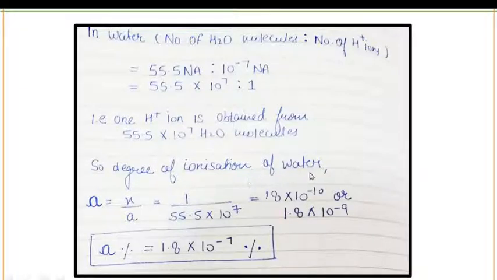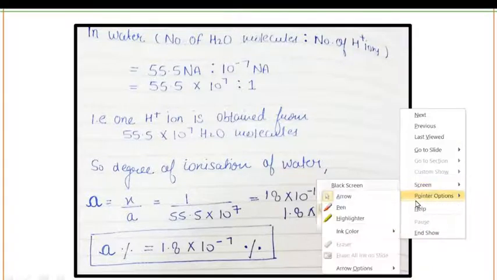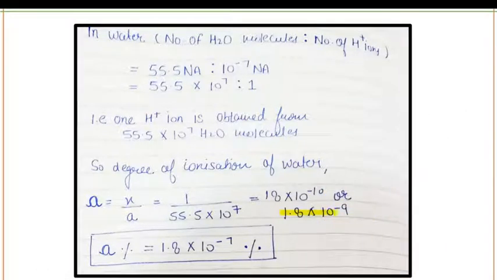So the degree of ionization of water will be equal to X divided by A. Then the degree of ionization will be equal to 1.8 into 10 to the power minus 9. And in percentage, it will be equal to 1.8 into 10 to the power minus 7 percent.